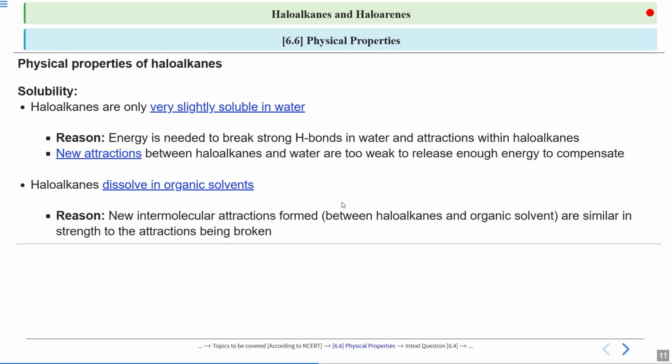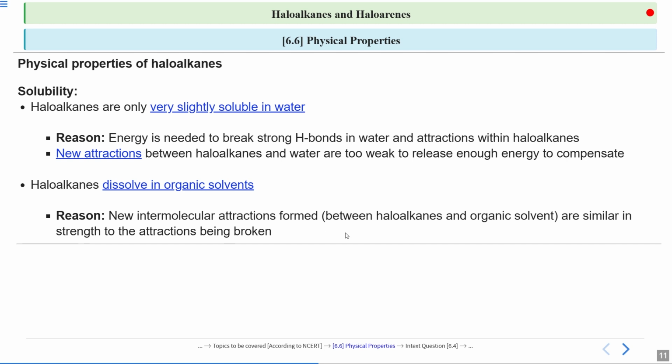So when haloalkanes are added to organic solvents, similar types of intermolecular forces, like van der Waals forces, exist between the molecules. The energy needed to break the attractions between the haloalkane molecules and within the organic solvent is similar to the energy given out when new attractions form.